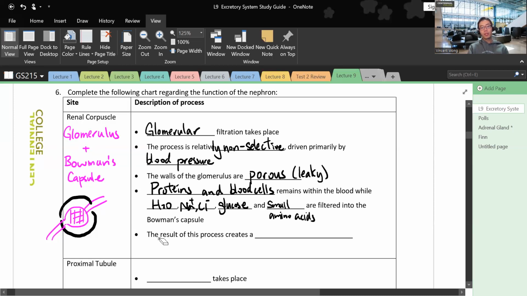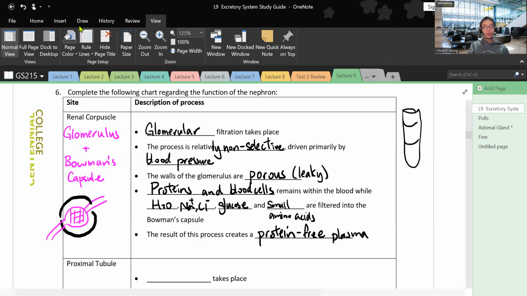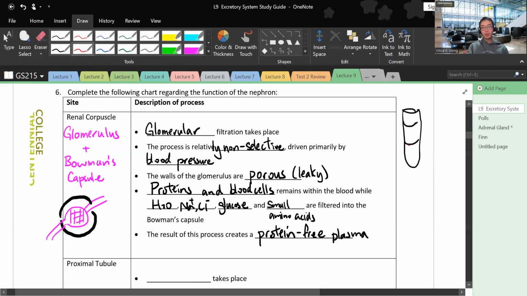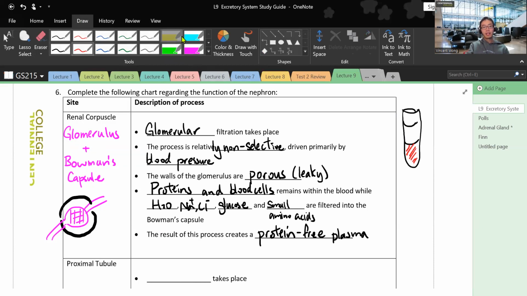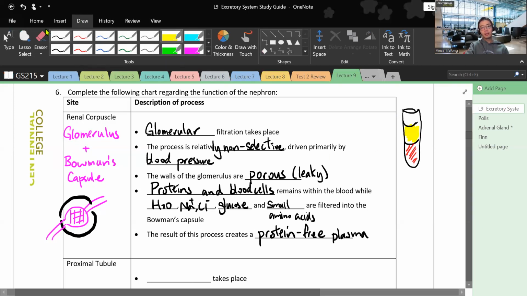Okay? And in the end, what do you get? The result of this process creates a protein-free plasma. You remember plasma? Right? Like if you take blood and you spin it down in a centrifuge, you will have your hematocrit at the bottom, and then you will have the plasma at the top, right?